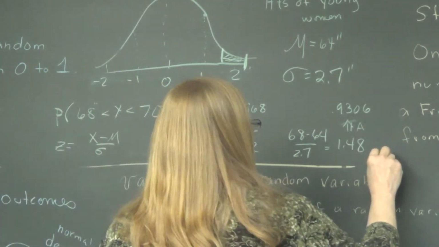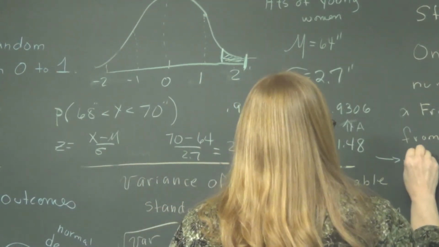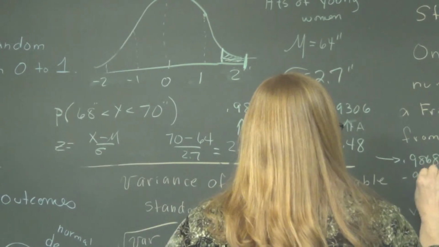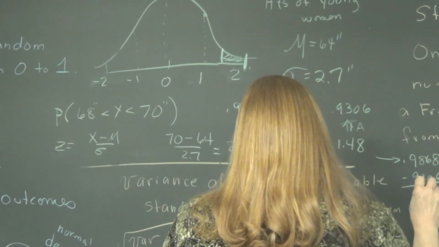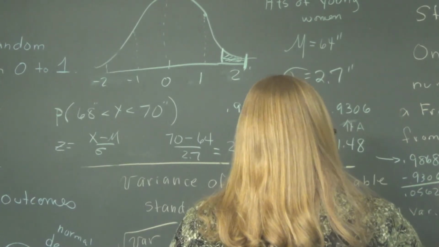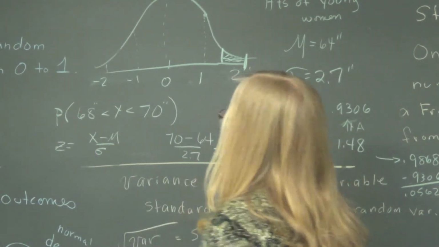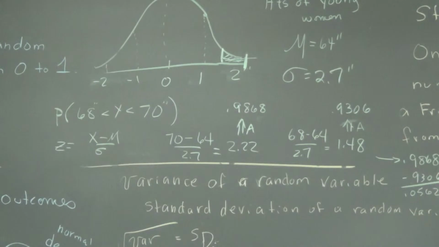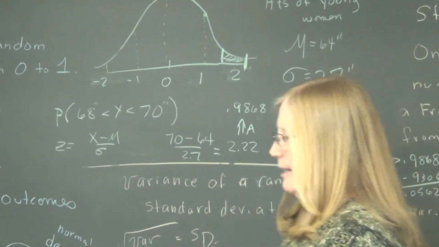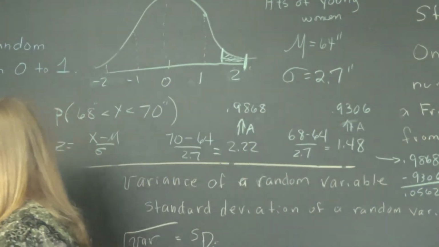So 0.9868 minus 0.9306 will give us 0.0562. So the chances of drawing a young woman at random and taking her height is a 5.62% chance of getting a woman between 68 and 70 inches tall.